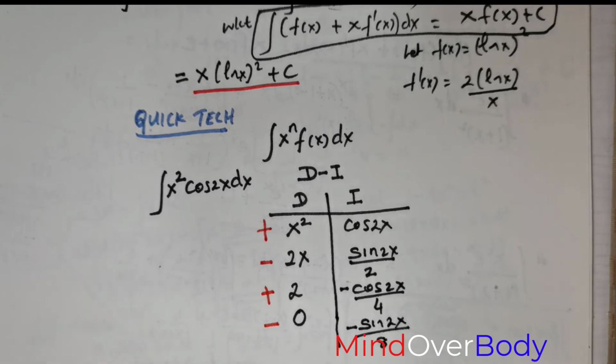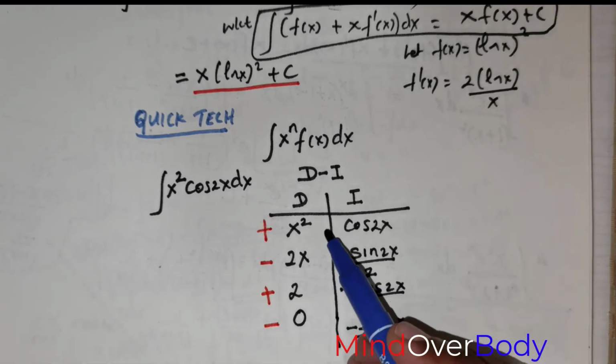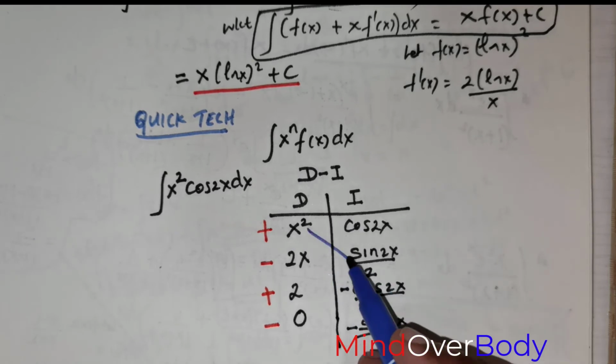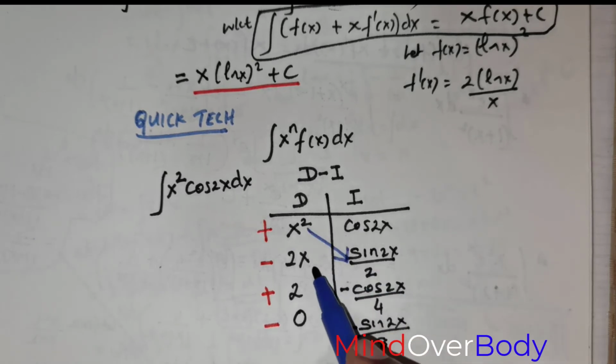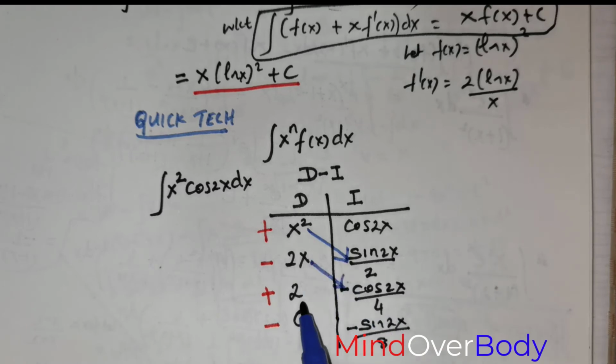Then we club the first term with the second term like this, followed by the second term with this term, and then this third term with this term. Of course, we don't have any term for 0, so we can just drop that.